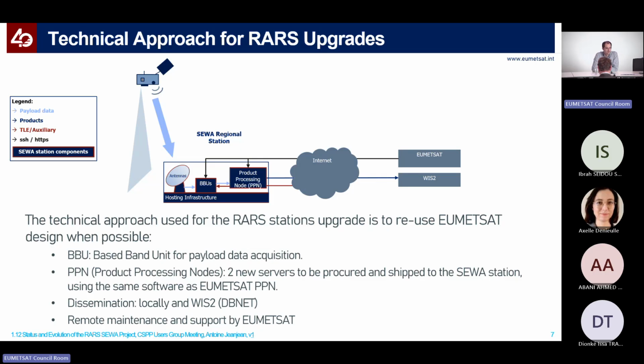We'll see it in the next slide as well. For data processing, there are two servers, like in EARS, to be procured and shipped to the stations, using the same software layer as the EUMETSAT PPN. The dissemination will be local and to WIS2, and in phase 2 and phase 3 there will also be some remote maintenance and support by EUMETSAT.